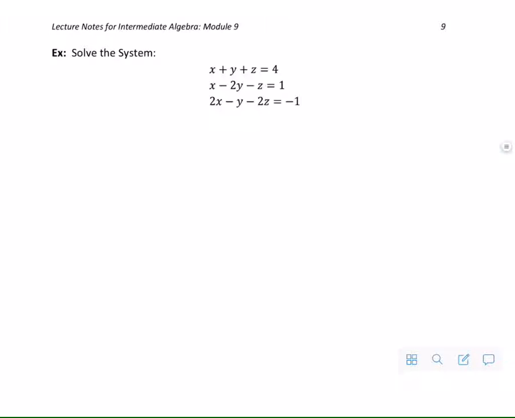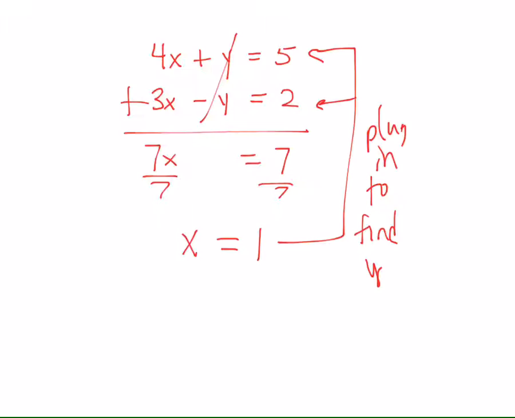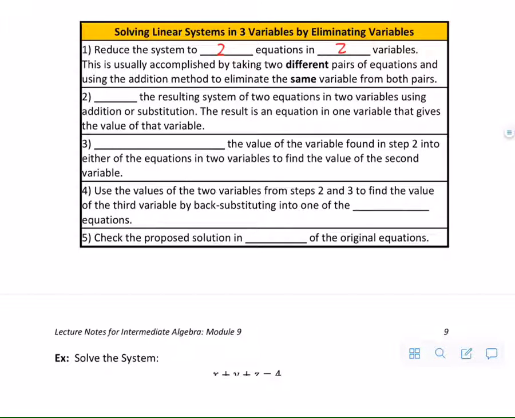Try any other pair, the first and third or the second and third, and eliminate the same variable again. I eliminated z the first time, so take a different pair of equations and eliminate z again. That results in 2 equations with 2 unknowns. I've reduced my system from 3 variables down to 2 variables with 2 equations.